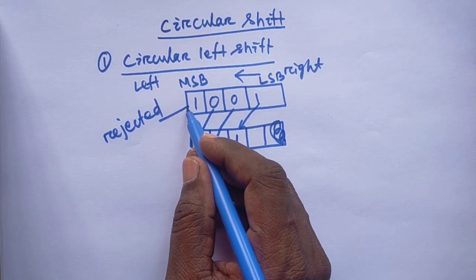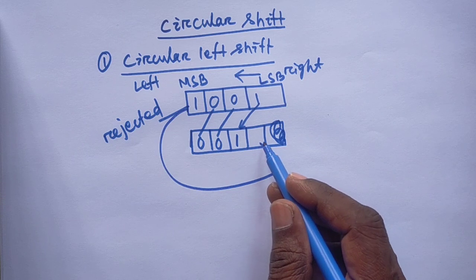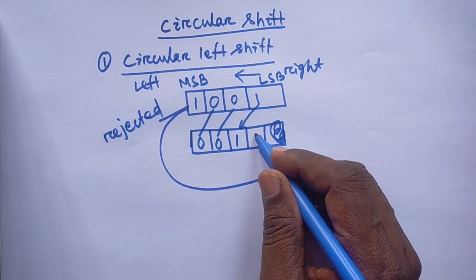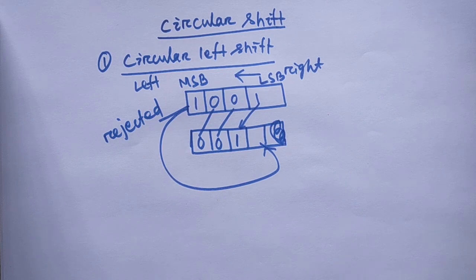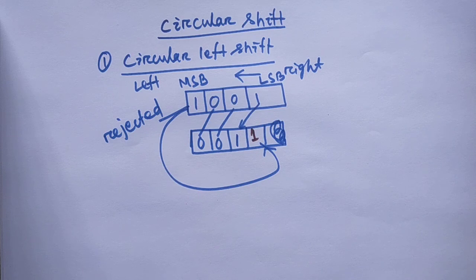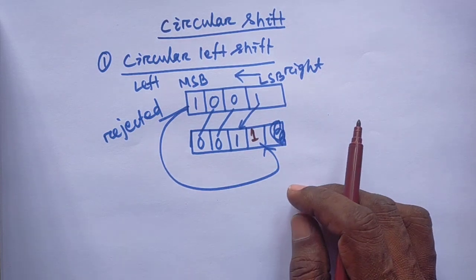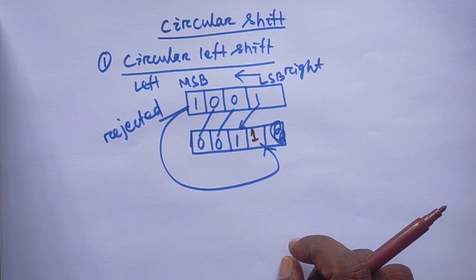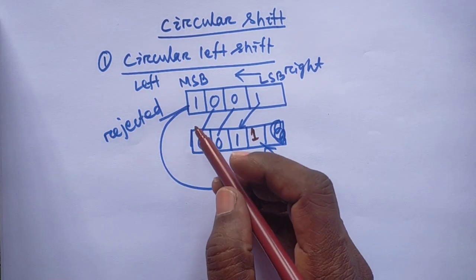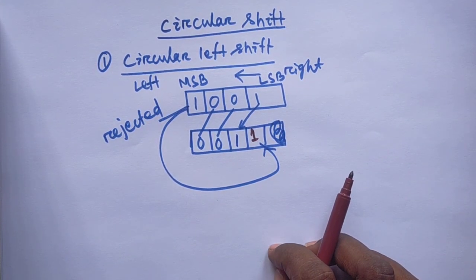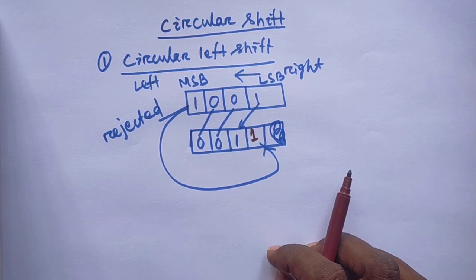So this rejected bit is added again into this empty space, which will be 1, at the end of this shift. So there is no loss of data. Very simply, there is no loss of data. We add this data again, so it will definitely be useful.